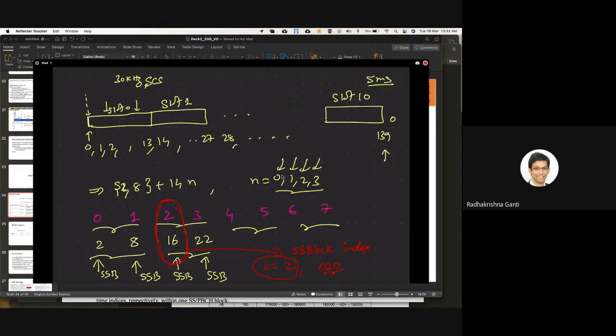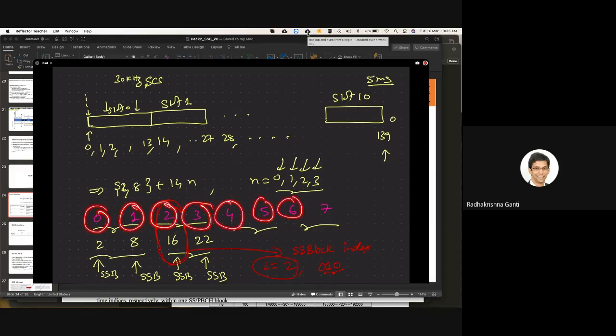I'm transmitting SS blocks here, and other things. Now, the SS block information here is different from the SS block information here. The PSS and SSS remain the same, and the PBCH changes because of this. So the index is 0, 1, 2, 3, 4, 5, 6, 7.